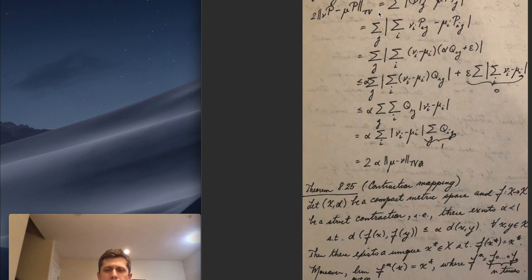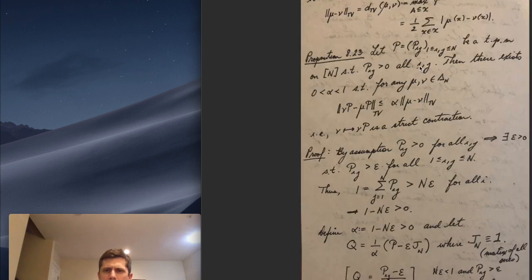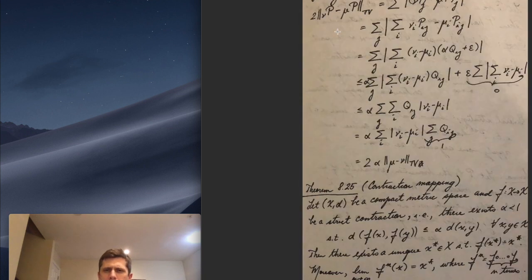I've taken the half and multiplied it to the other side, so I have 2 times this total variation distance. By definition, this is the sum of the absolute differences of the measures at all the states.